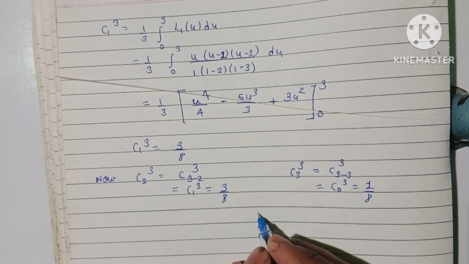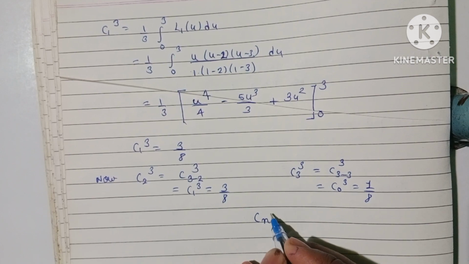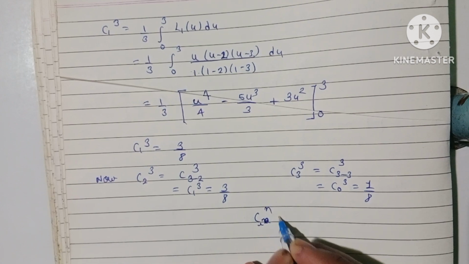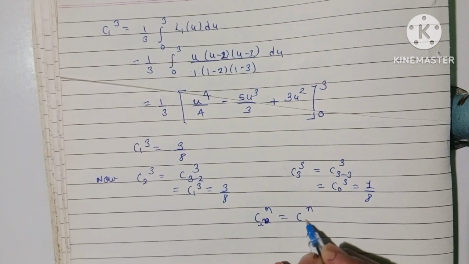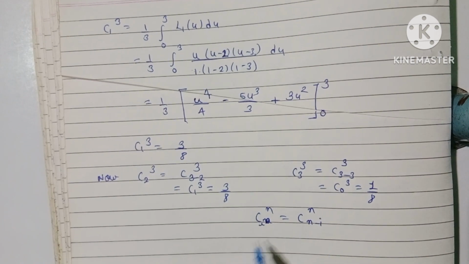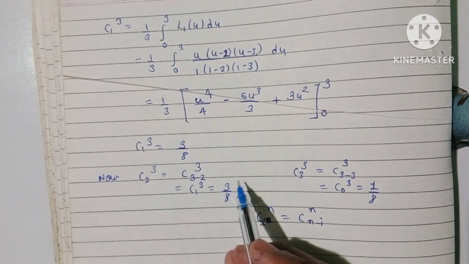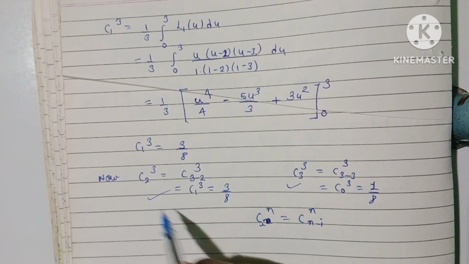This formula is C_i^(n) equals C_(n minus i)^(n), and we have used this in finding these coefficient numbers.